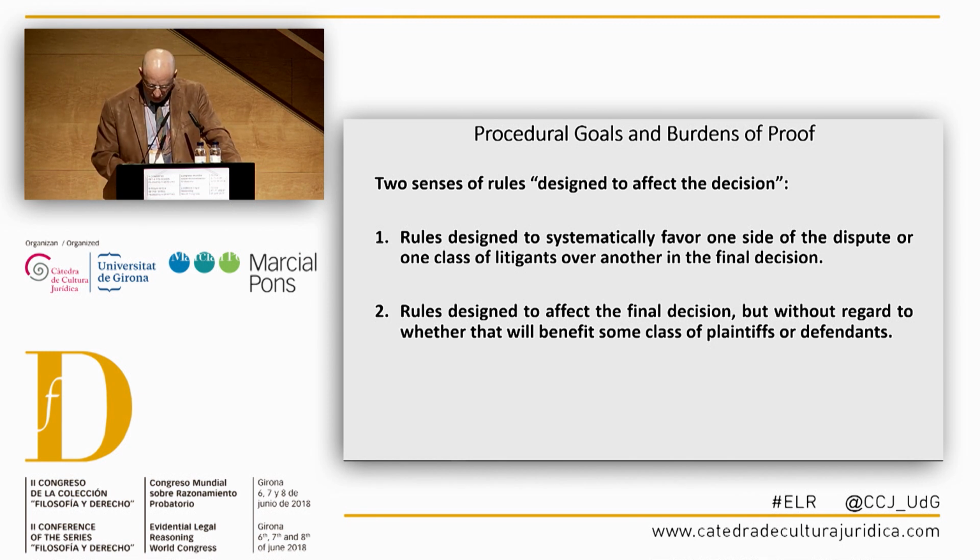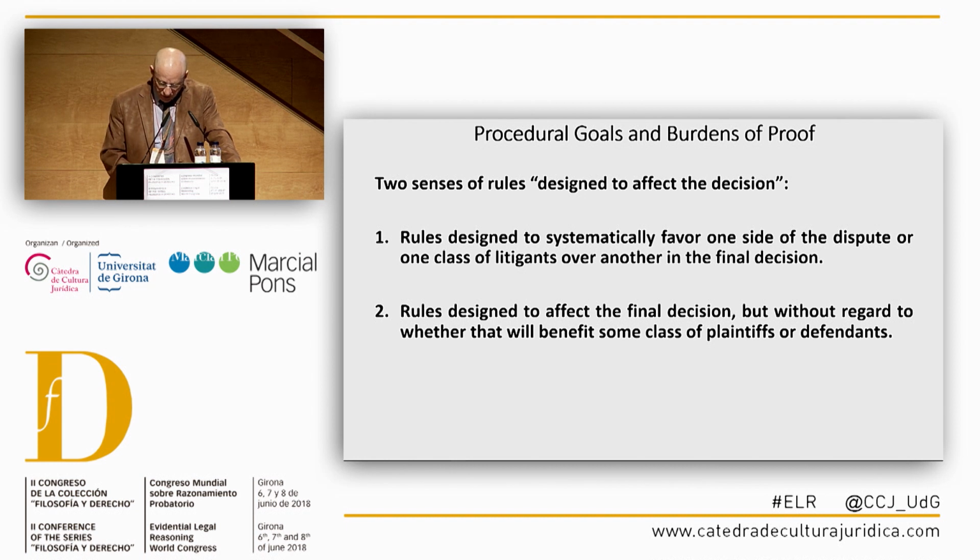The important observation here is that for choice of law purposes, type 2 effect rules should be grouped together with rules that are designed merely to regulate the trial. That is, they're designed to affect the decision of the issue, to be sure, but not to favor one side or the other.